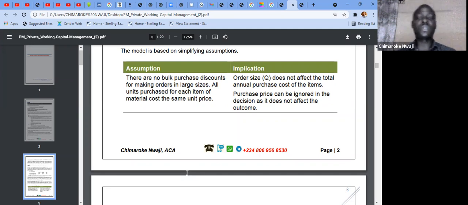And so you see here that the purchase price can be ignored using this assumption because it does not change anything. So that's one of the things about decision making. Any variable that does not affect the decision can be ignored. So here, purchase price will not be part of the formula we are going to be using, can be ignored.